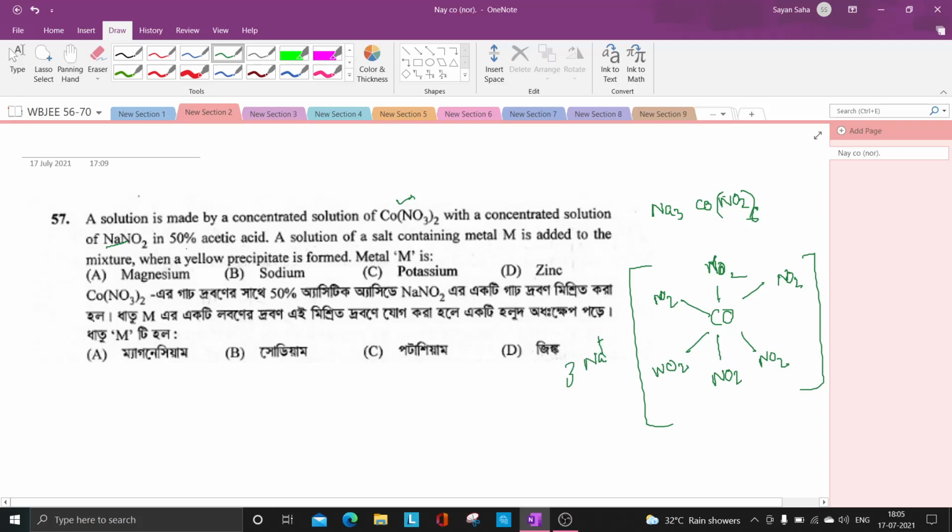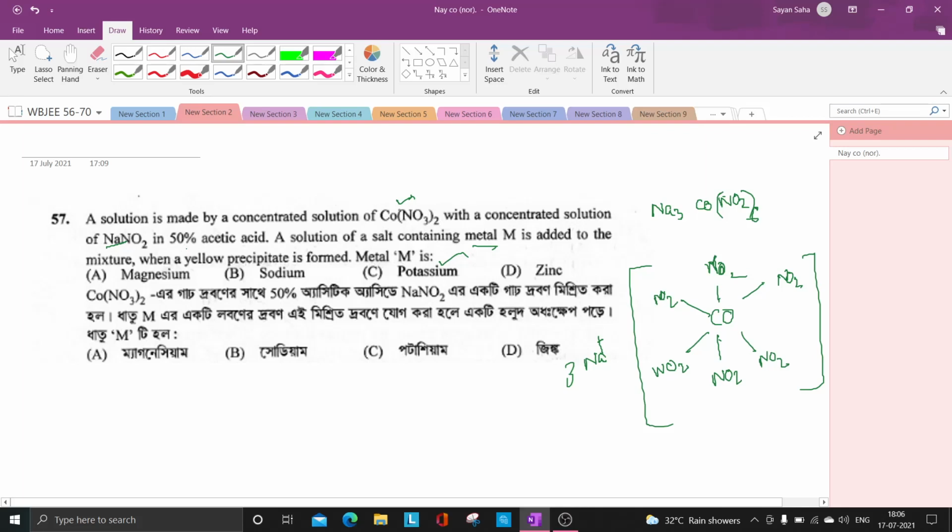Now this is the reagent. Okay, now if you add a metal, which metal, potassium, in this, then it gives a yellow precipitate. So this is, you can say, a reagent. And if you add this to a salt containing metal M, which metal, potassium. So basically this is a question from analytical chemistry.